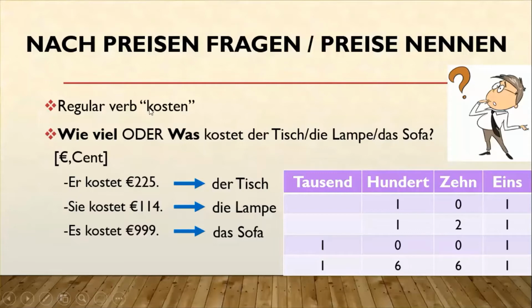And this is done in the German language with the question wie viel or was. Wie viel means how much and was means what. So wie viel kostet der Tisch or wie viel kostet die Lampe or wie viel kostet das Sofa.